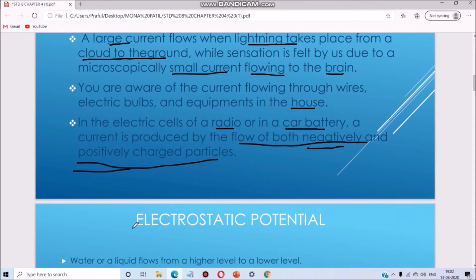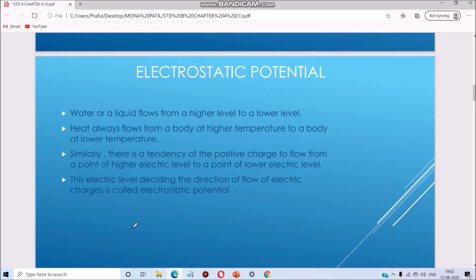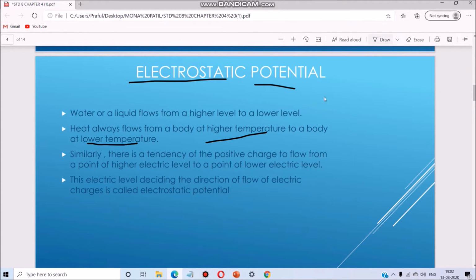Next we are going to study electrostatic potential. Water or liquid flows from a higher level to a lower level. If you think about heat, it always flows from a body at higher temperature to a body at lower temperature. You will feel this when someone near you has a fever.